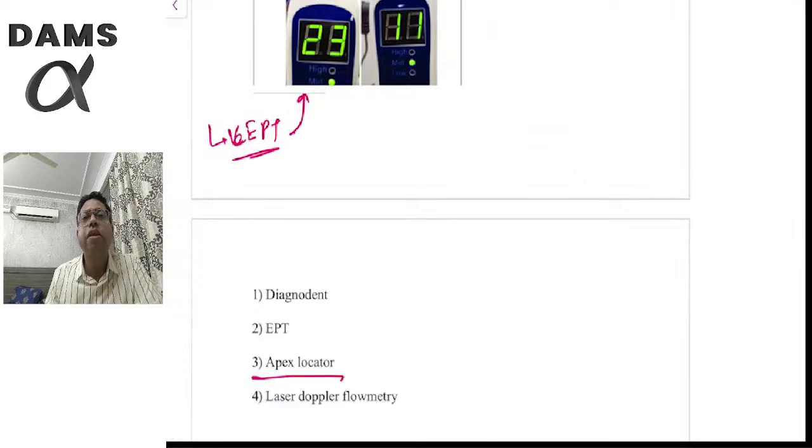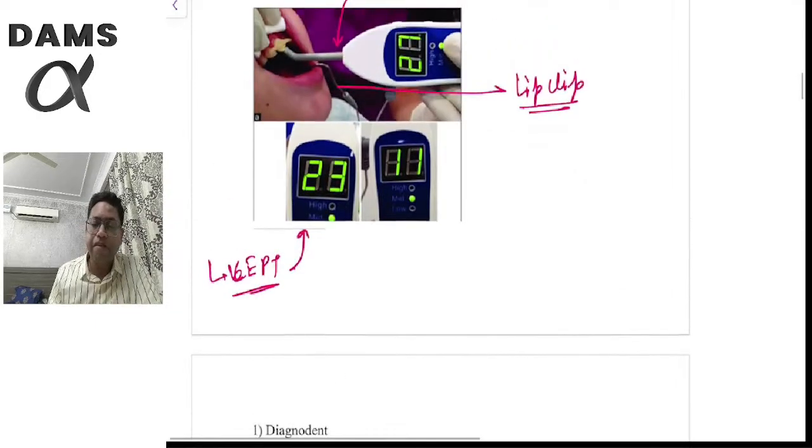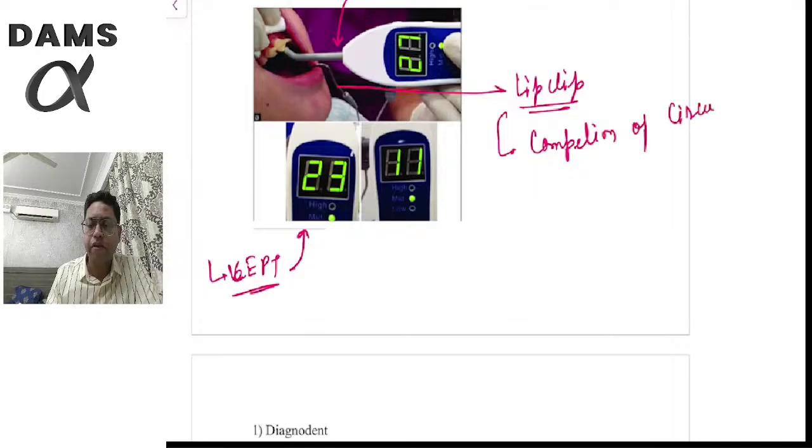Even though a lip clip is there, this lip clip has the function of completion of the circuit. It helps in completion of the electrical circuit. So there is a complete circuit formation and an electric pulp tester is used.